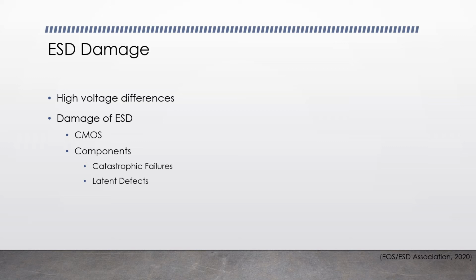Normal inspection is able to detect the catastrophic failure before shipment, so it could be seen as the least costly type of ESD damage. A latent defect can occur when an ESD-sensitive item is exposed to an ESD event and is partially degraded.